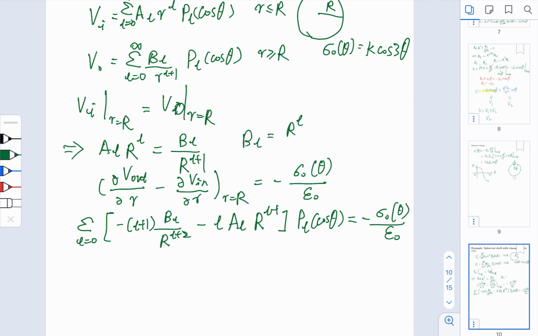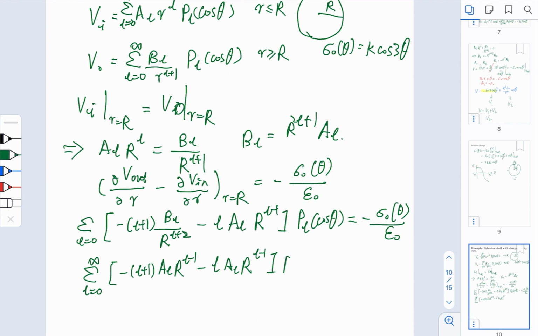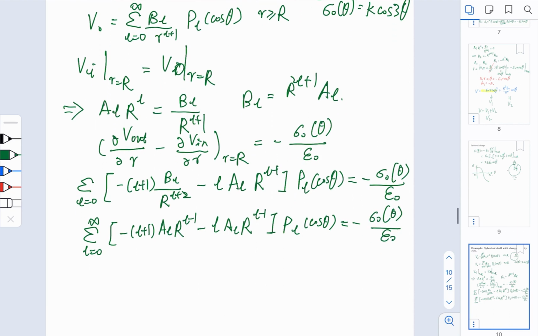So BL equals R to the 2L plus 1 times AL, and if we plug that in, this one gives, and these two terms actually combine together to give 2L plus 1.